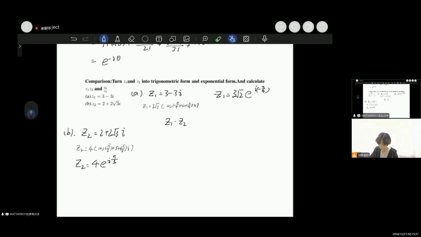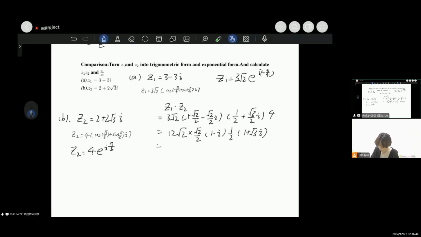And now we can start to calculate z1 multiplied by z2 and z1 over z2. And first, we start to calculate this, z1 multiplied by z2. And we will get this.